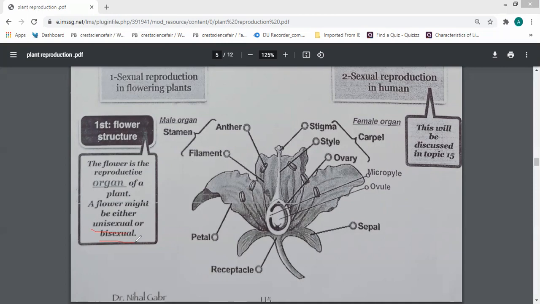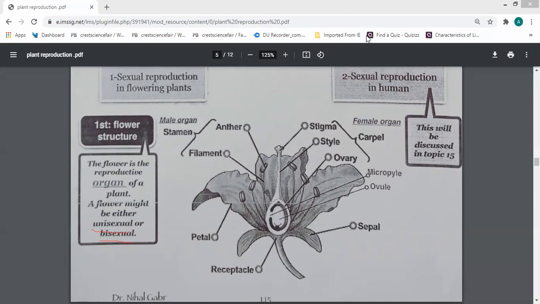Unisexual means the flower has just one kind of sexual organs, male organs or female organs. But bisexual includes both of the sexual organs, male and female.